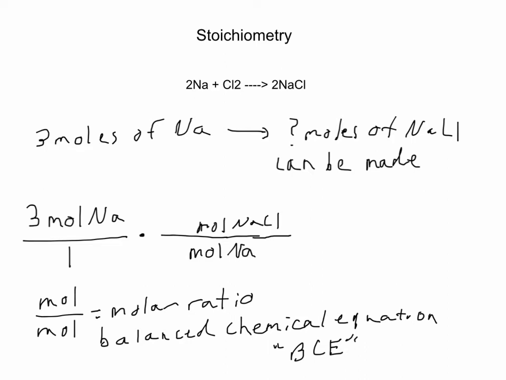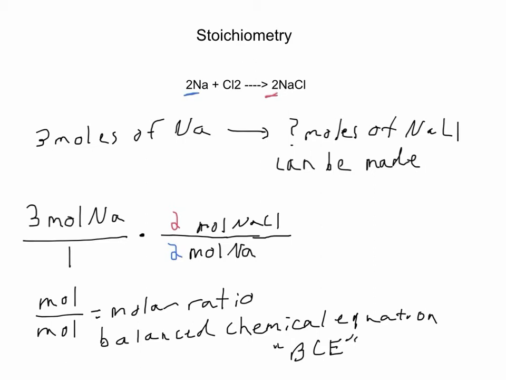And the way we're going to do this is we look at our balanced chemical equation, and we see that the number with sodium chloride is 2. So that's going to be the number that goes here. And the number with sodium is a 2. So we're going to put that on the bottom, because this reaction says 2 moles of sodium react to give us 2 moles of sodium chloride.